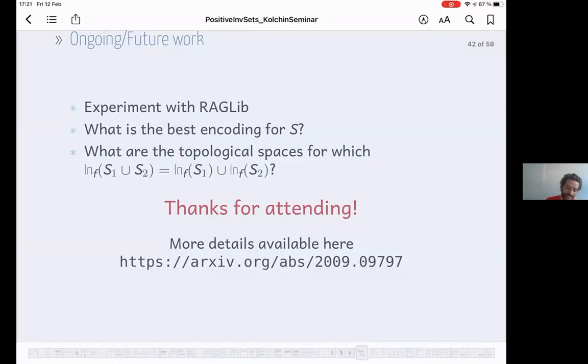In the other direction, we might sometimes use these characterizations to generate positive invariant sets, because the characterizations will give us some constraints on the polynomial. We start with a polynomial with symbolic coefficients.